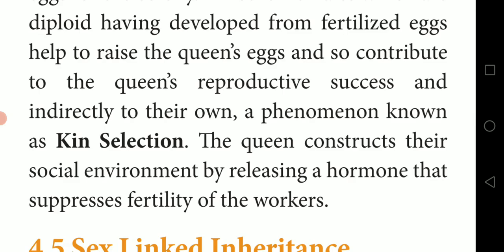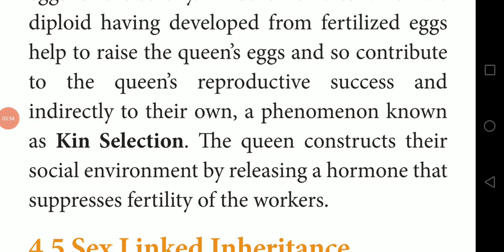One important 2 marks, just mark it. The queen constructs the social environment by releasing a hormone that suppresses the fertility of the workers. That is why other females cannot lay eggs.